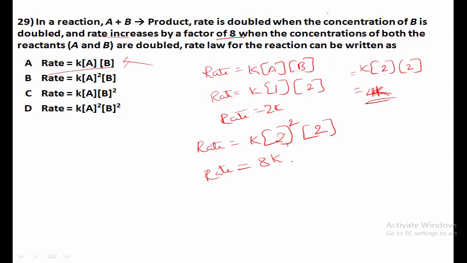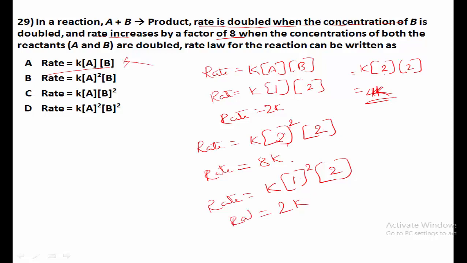But will it obey the first condition? Rate is doubled when the concentration of B is doubled. That we will also see. K into A, I will take it as 1 square into B 2. So what does it become? 1 square, 1 into 2, 2k.